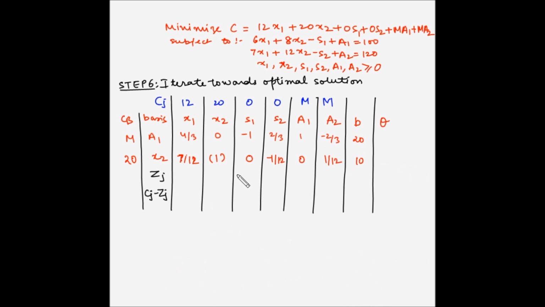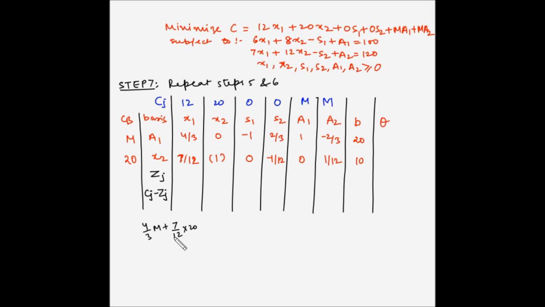So now that we have an improved solution, let's move to step number 7, which is to repeat step number 5 and 6 until we have an optimal solution. So let's perform the optimality test on this solution. So let's first find the zj values. So 4 by 3 multiplied by m plus 7 by 12 multiplied by 20. So 4 by 3m plus 7 by 12 into 20.